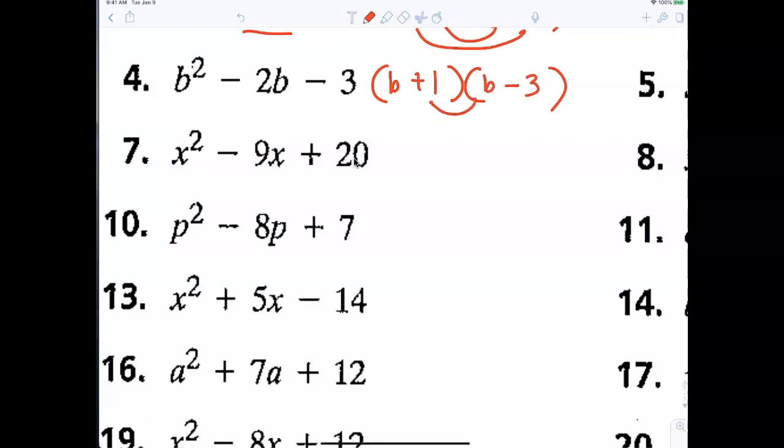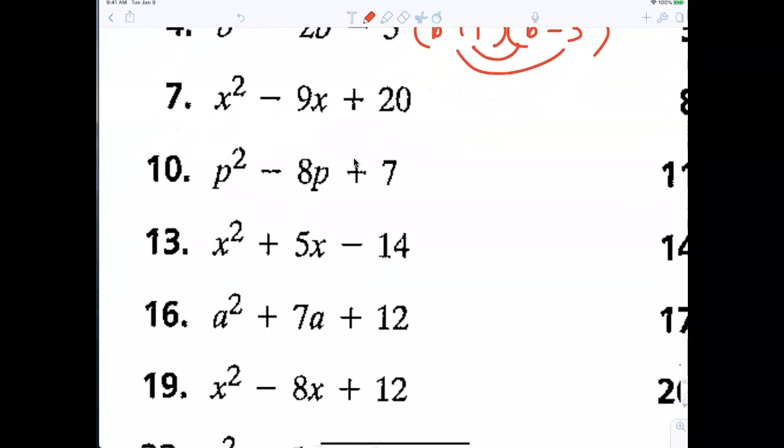How do I know I'm right? Because I did my smiley face. Everybody happy with that? All right, Watson, go. X minus 5, X minus 4. Everybody see how simple? Now look, I'm telling you, you have to do it on your own.